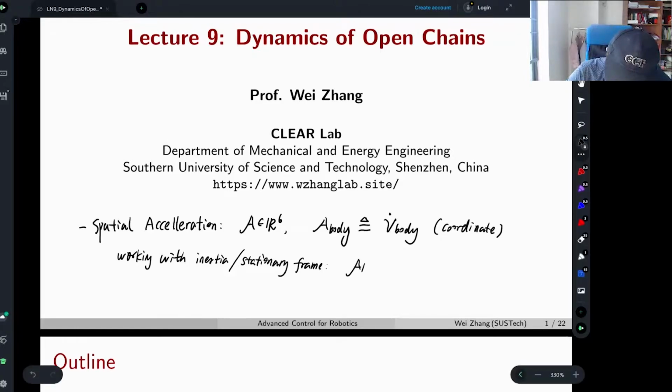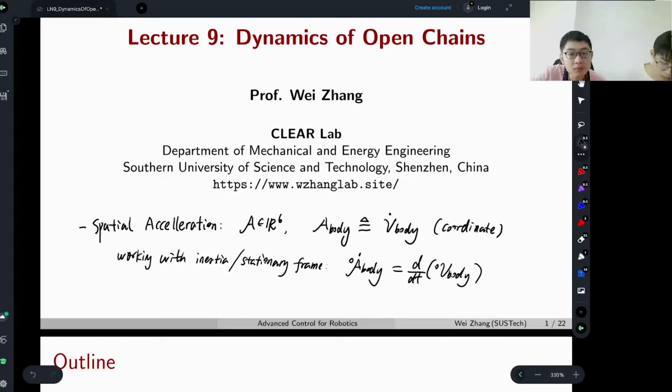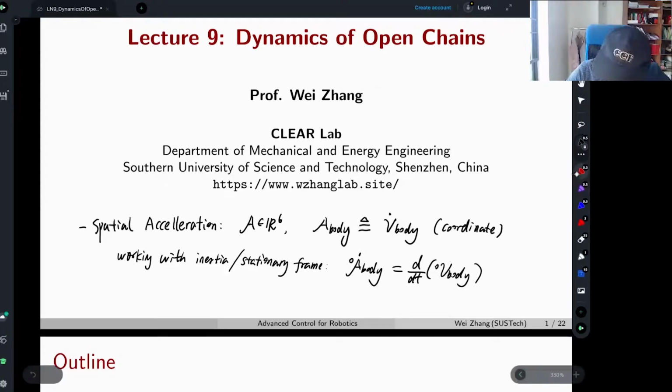So in this case, the body's acceleration in O means take the derivative and express that derivative in O. It is nothing but the apparent derivative. This is the body velocity in O's coordinates, and you take the derivative.